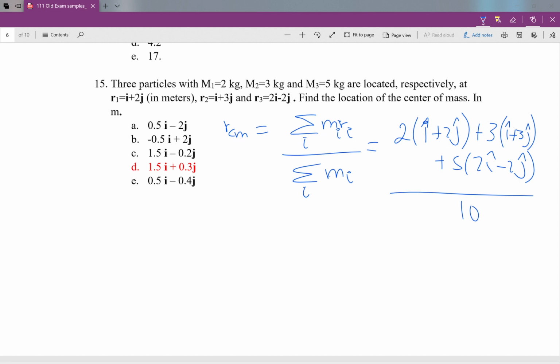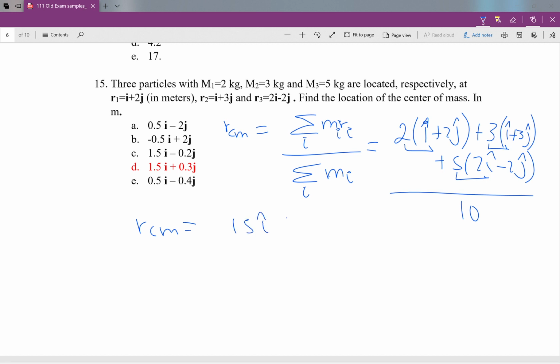So we just do these operations over here. 2 times i is 2i, plus 3i is 5i, plus 5 times 2 is 10, 10 plus 5 is 15. So we have 15 i hat.